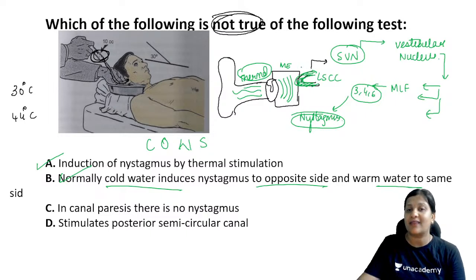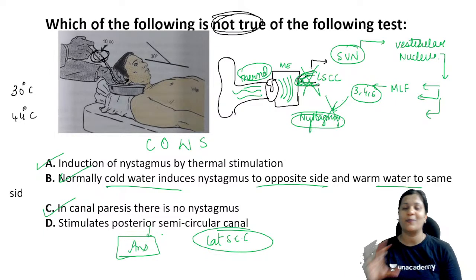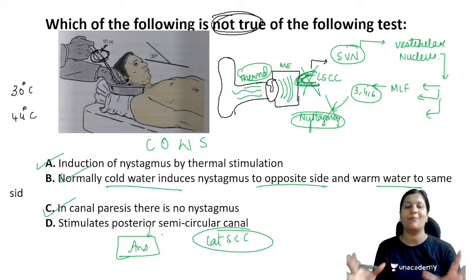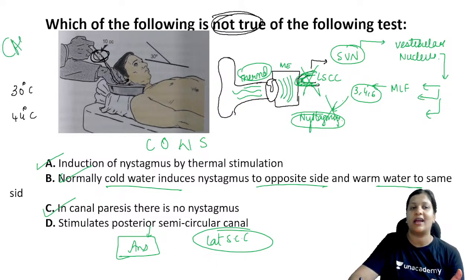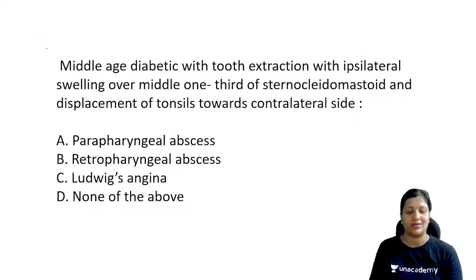Of course, if the canal is not functioning well, there will be no nystagmus. So this is also true. But is it stimulating the posterior semicircular canal? No chance at all. It is stimulating the lateral semicircular canal. So that's your answer. So I'm hoping that everyone understood this concept of the test, which we call it as caloric test. Okay, great. Now let's go to the next question.